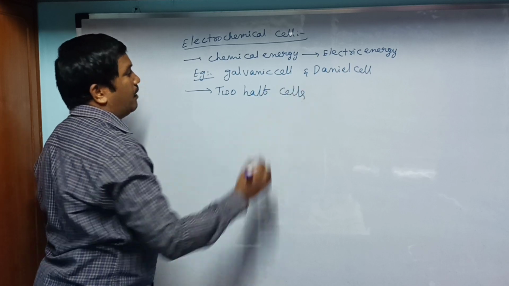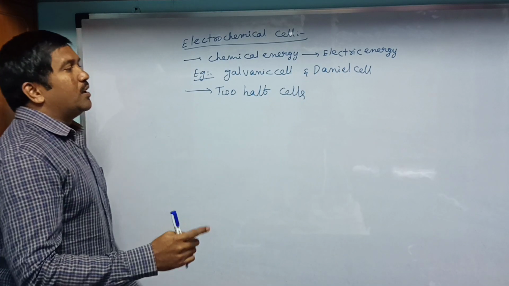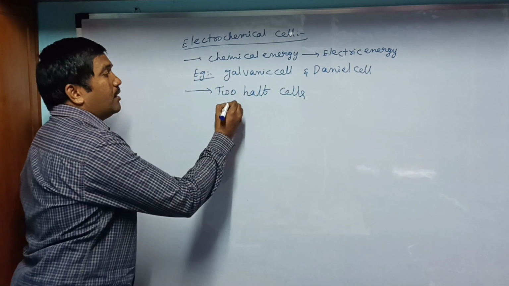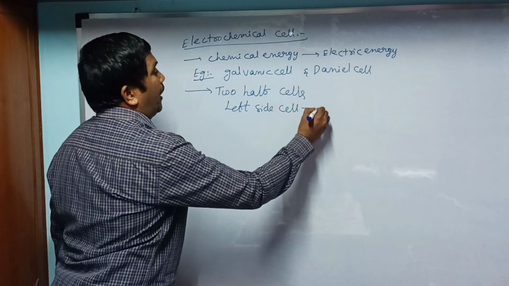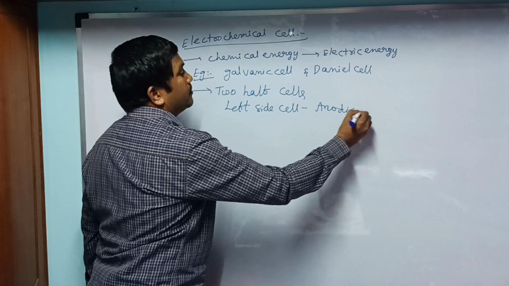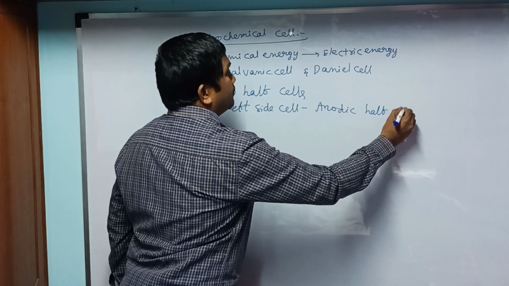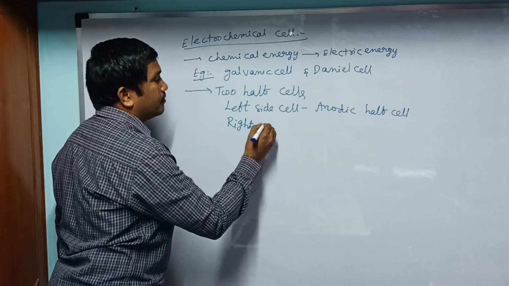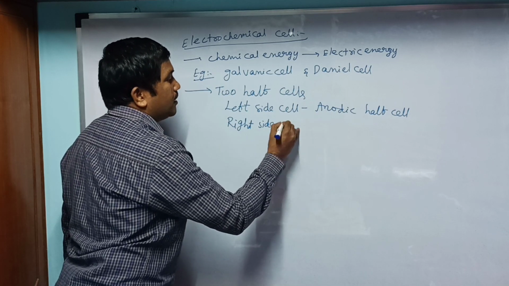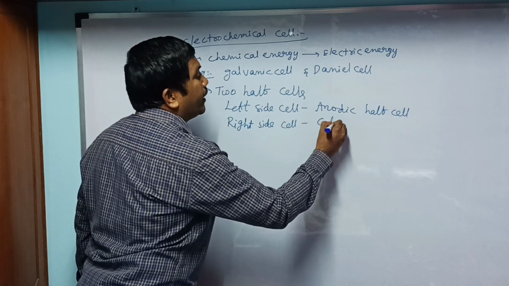The left side cell is called anodic half cell. The right side cell is called cathodic half cell.